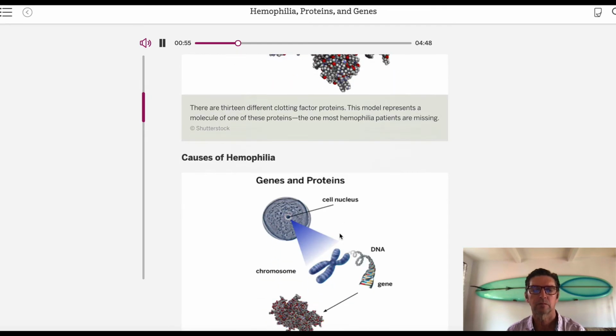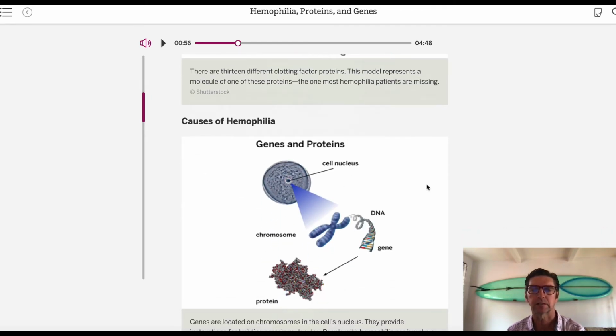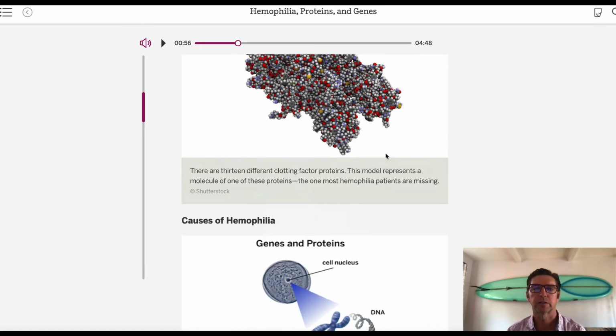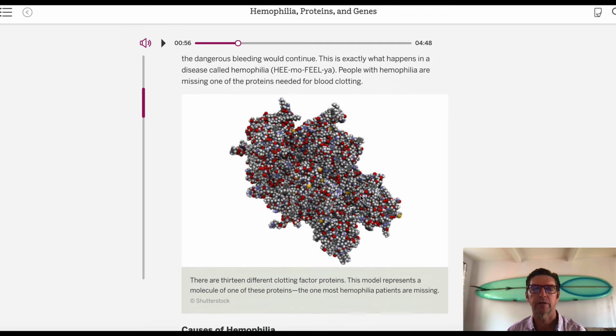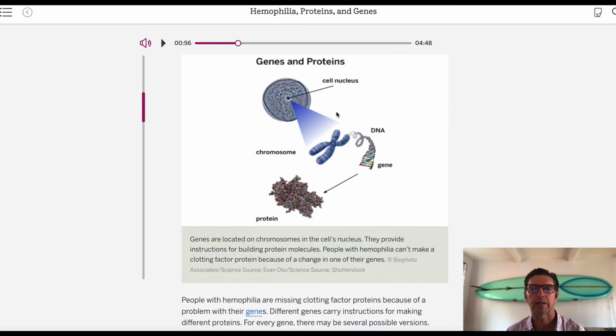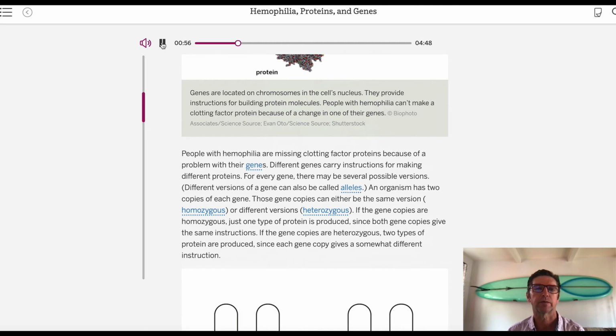Different genes carry instructions for making different proteins.